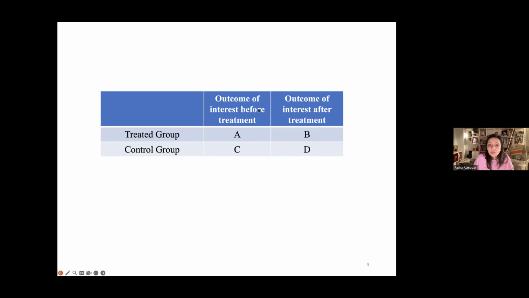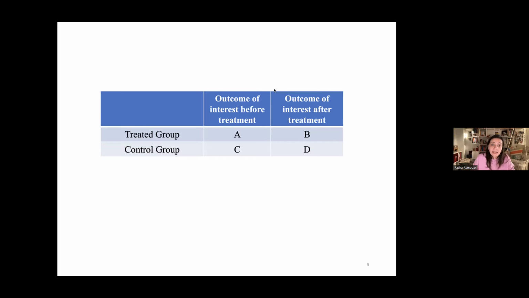And we have 2 points in time, an outcome of interest before this treatment, or before the selection into the Forsa program, and another point after the selection. And we have a given outcome of interest. I will assume that this outcome of interest is the income. So I want to compare between the income of individuals who benefited from the Forsa program and the income of individuals who did not benefit from the Forsa program. Okay?